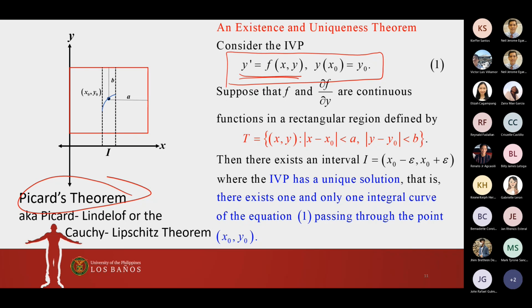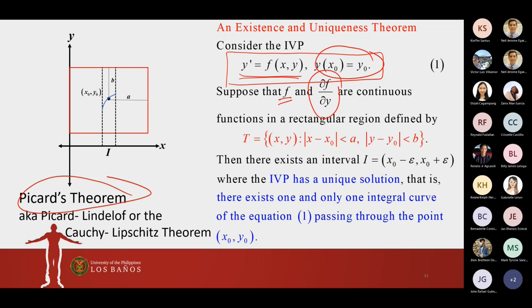Pag nasulat mo siya sa explicit form na y prime equals f of x, y, and then you're given the initial condition, x0, y0, dalawang bagay lamang pala ang kailangan mo i-check. Kailangan mong i-check kung si f ay continuous sa isang rectangular region at saka kung yung partial derivative ni f with respect to y ay continuous in the same rectangular region.